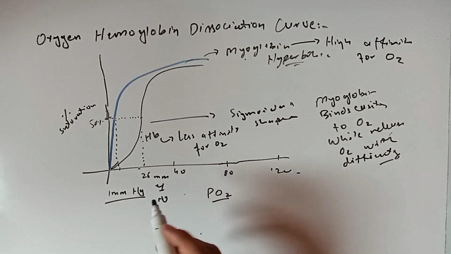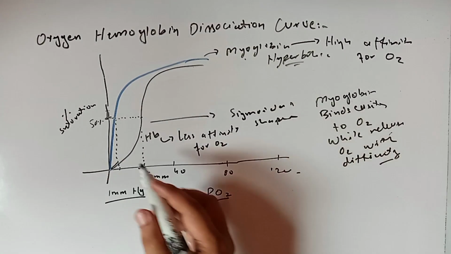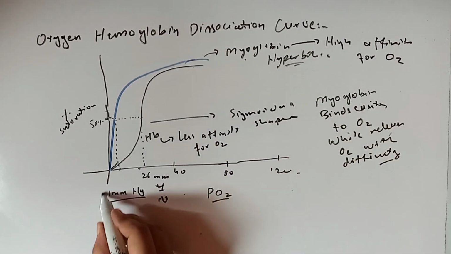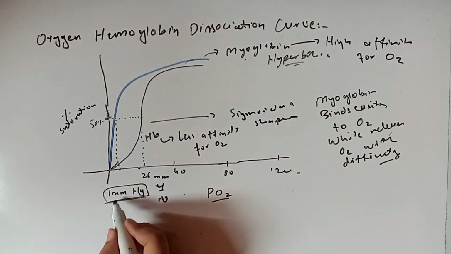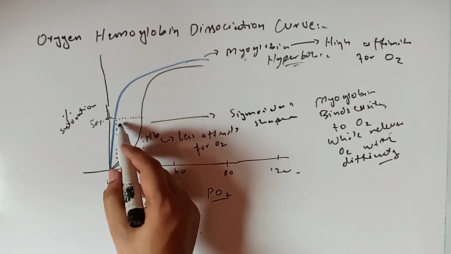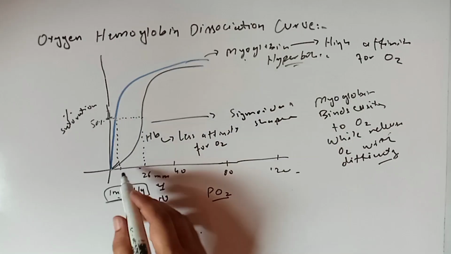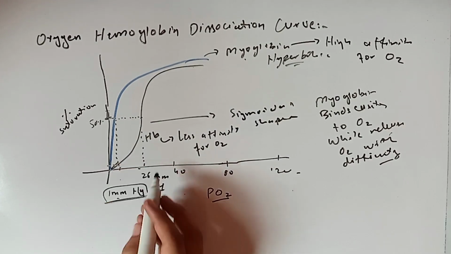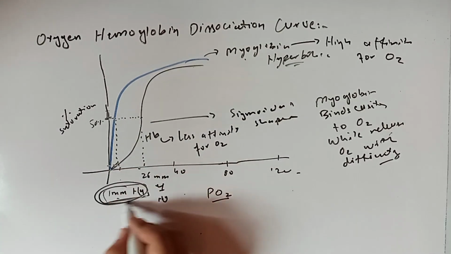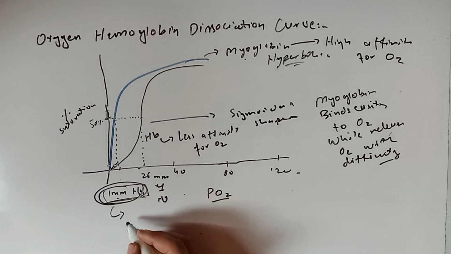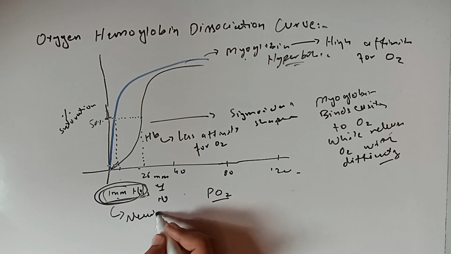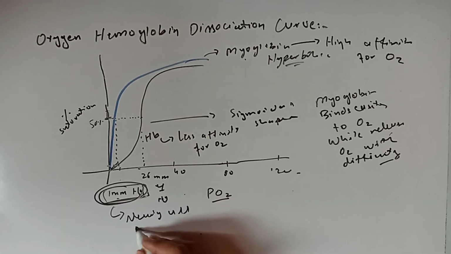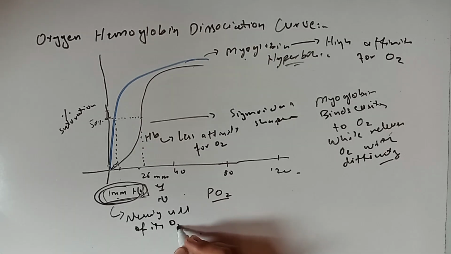So what does it signify? It signifies that even at a partial pressure as low as 1 millimeter Hg, myoglobin is about 50% saturated. However, at 1 millimeter Hg, hemoglobin is very less saturated. It means that at this partial pressure of oxygen, hemoglobin has released nearly all of its oxygen content.